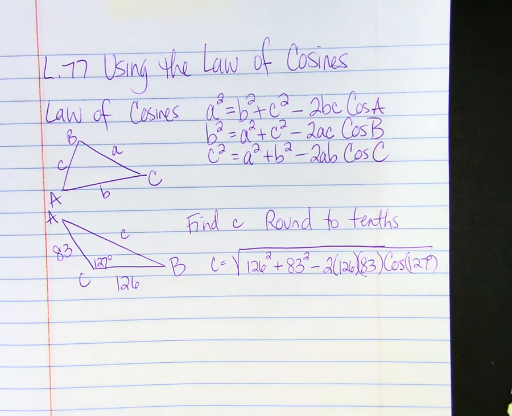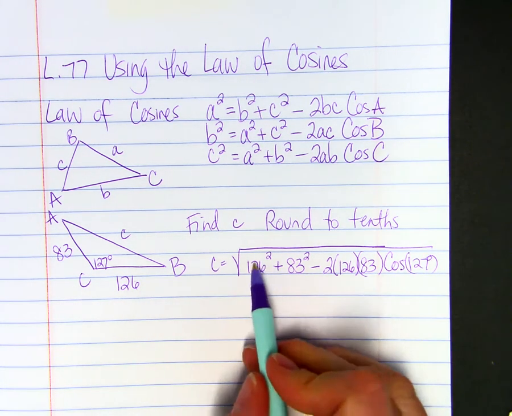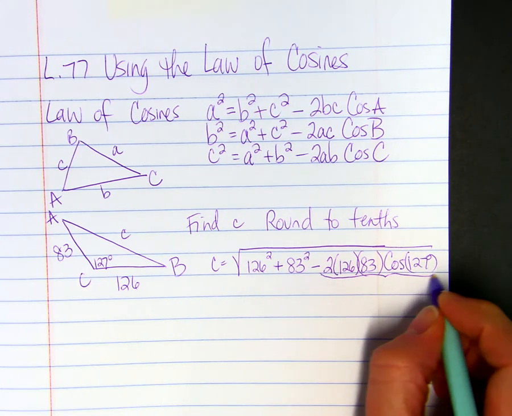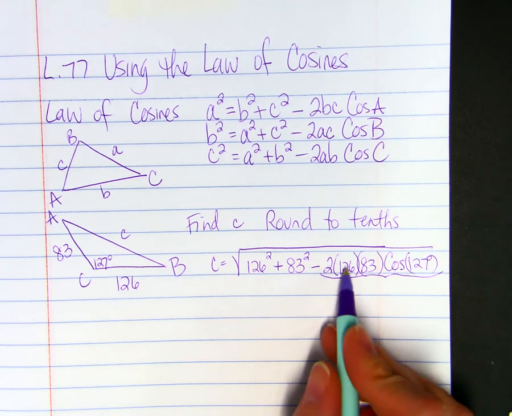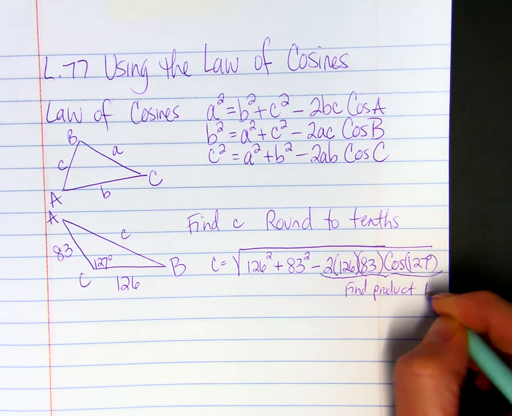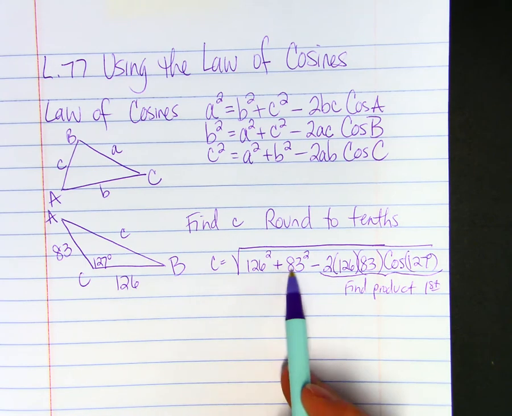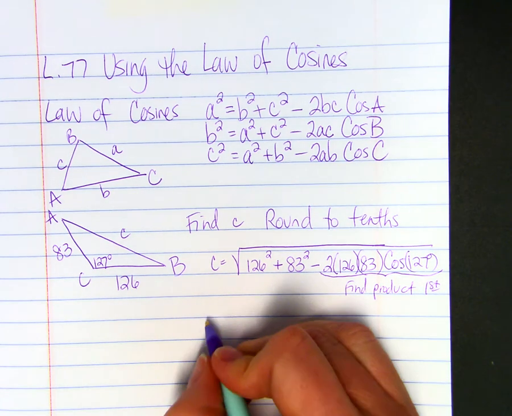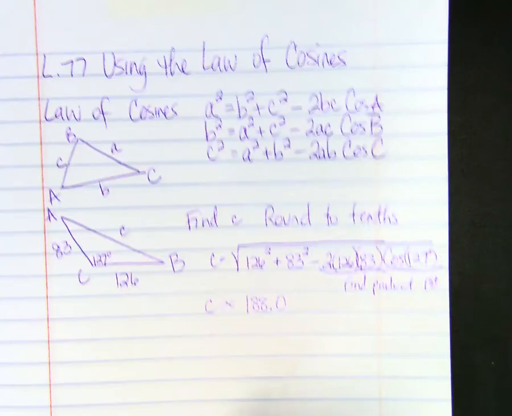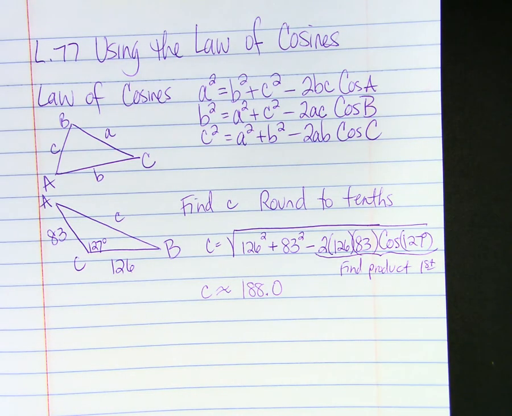When I multiply that all out, I have to remember to multiply all of this together before I subtract it. So you find this product first, then square, subtract your product, and c will be approximately 188.0.